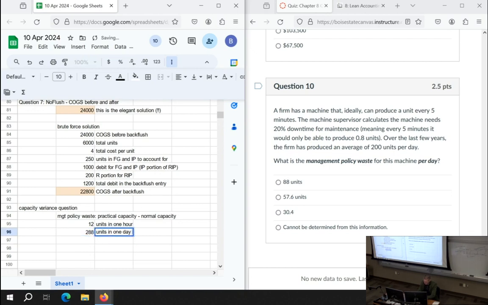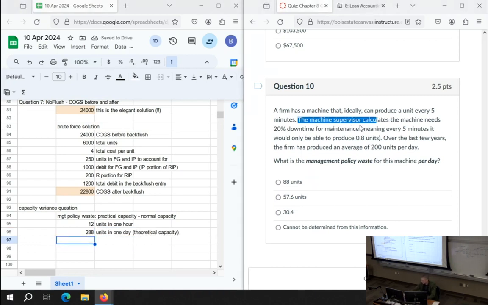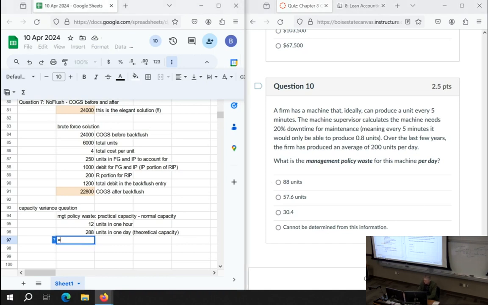That's our theoretical capacity. Now the second sentence here says the machine supervisor calculates the machine needs 20% downtime. So I want to multiply it by 0.8 then. We should be able to produce 0.8 of the theoretical capacity units per day. So this should be our practical capacity. Great, we've got one of the numbers there.